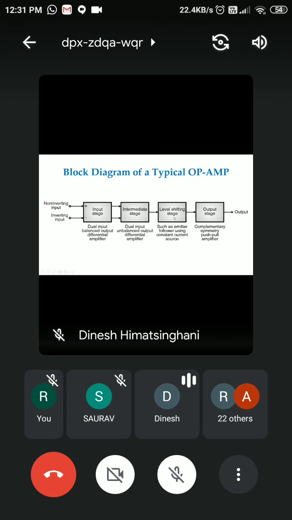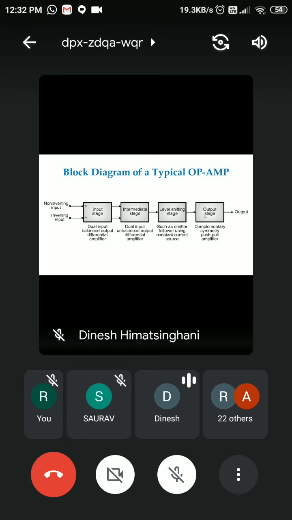I'll very briefly tell you about each one of them. And there is an output stage. So there are 4 different blocks inside an op amp: an input stage, an intermediate stage, a level shifting stage, and an output stage.